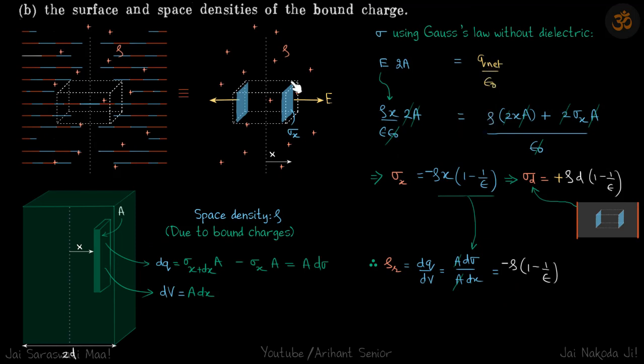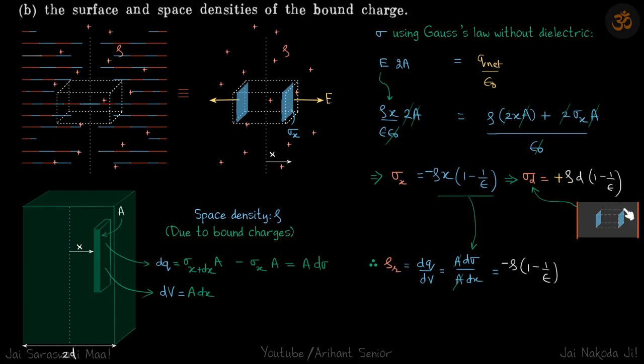Q net is because of the extraneous charge, rho into 2x into A, plus due to these two plates, 2 times sigma x into A, by epsilon naught. So epsilon, most of the things will get cancelled, and you will get rho x is equal to minus rho x (1 minus 1 by epsilon). So as expected, our charge density inside the surface is negative. Now, of course, if you move away to the edge, then all the charges are positive.